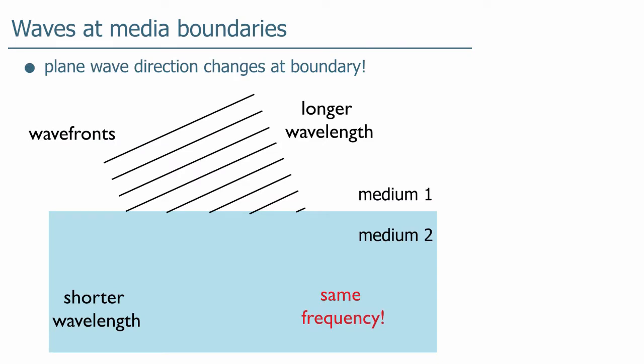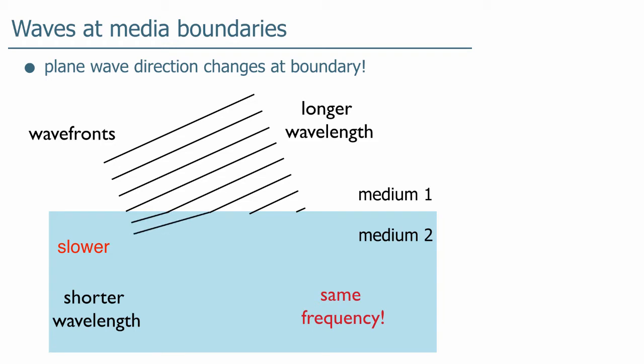So here's the picture you should have in your head anyway. We have a series of wave crests, plane waves, impinging on the surface, which we'll take to be flat here. And you can see that we have wave crests hitting the surface here, here, here, here, and here. Now, this medium, let's say, has a slower speed for light passing through it.